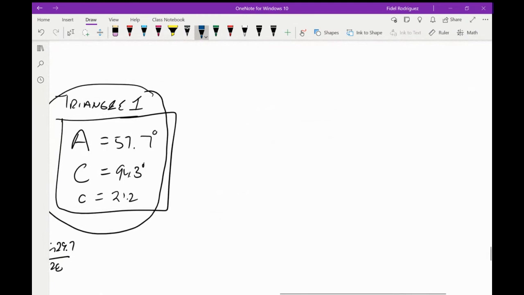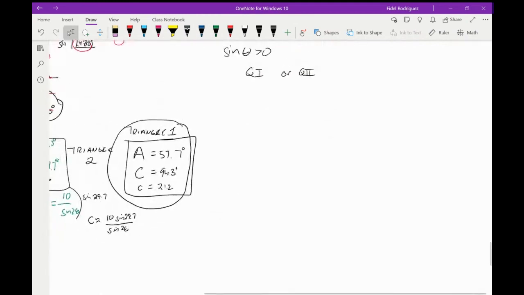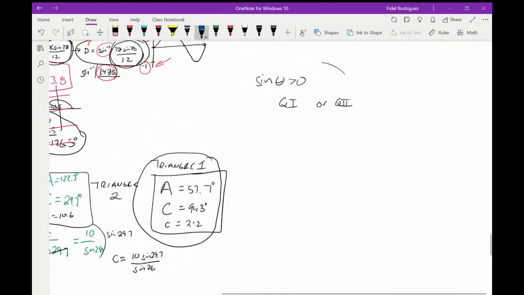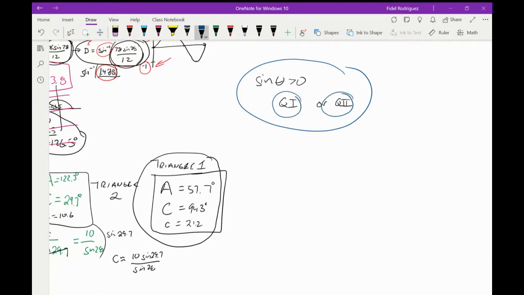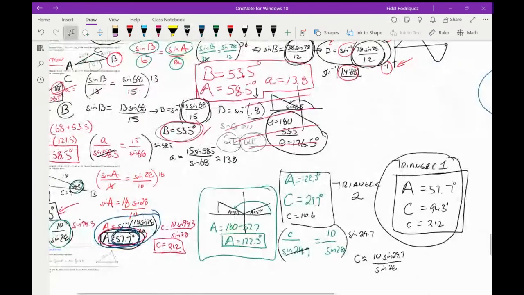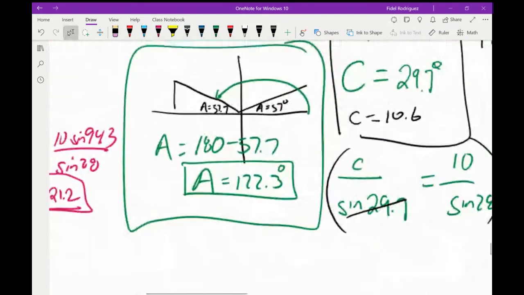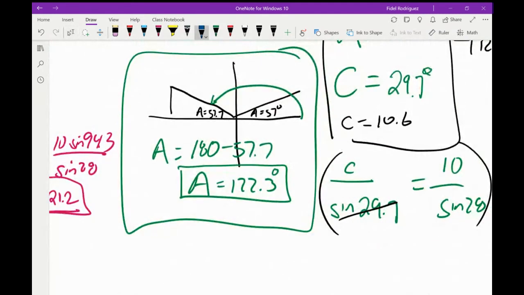Did I write it? I wrote it somewhere. Here we go. We know that sine is going to be positive whether we're in quadrant 1 or we're in quadrant 2. So we need to say, is it possible that we could find another angle that might be in the second quadrant? The way we're going to do that is by saying, look, if this is 57.7 degrees, that's the angle in quadrant 1.